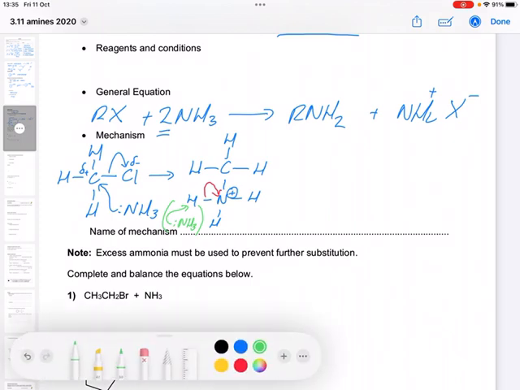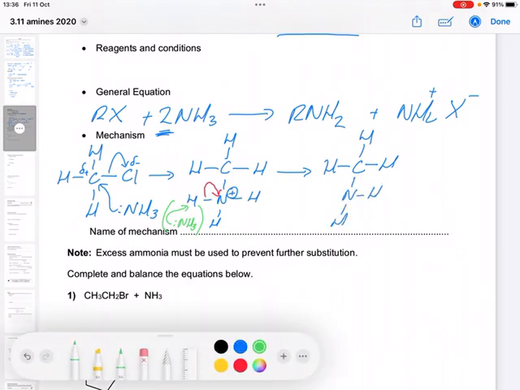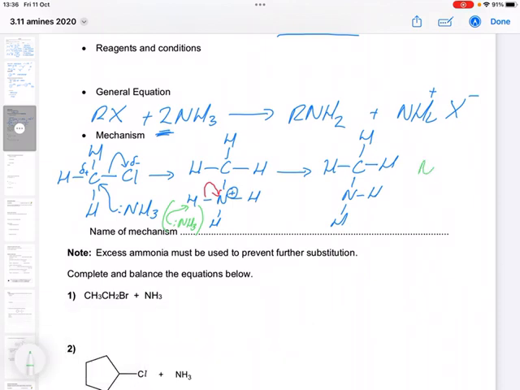I'm just explaining to you really why we have the 2 ammonias here. So this then gives us our final product, which is our amine. So there's our amine. But of course, that additional one in green, that's now formed an NH4 plus, and with the chlorine that came off in step 1, that's what we get there.